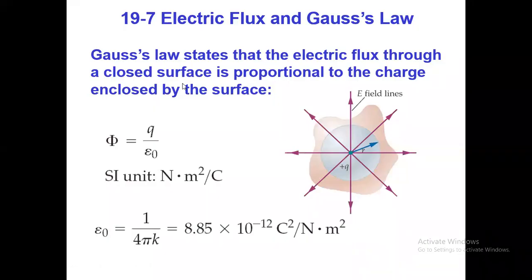So we talk about the electric flux concept with Gauss's law. It states that the electric flux through a closed surface is proportional to the charge enclosed by the surface.